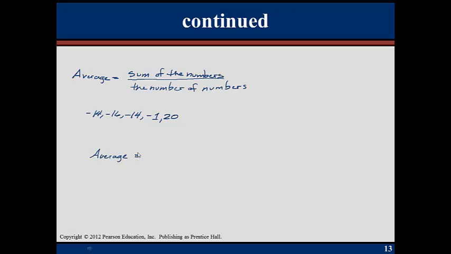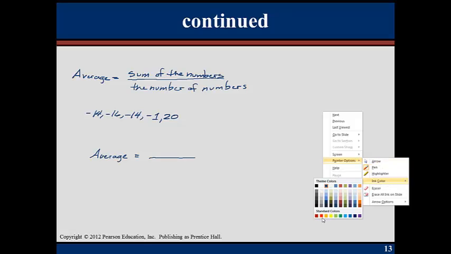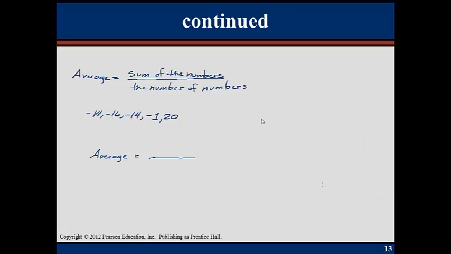We're going to find the average, so we're going to start by adding all the numbers up. So we have negative 14 plus negative 16 plus negative 14 plus negative 1 plus 20.